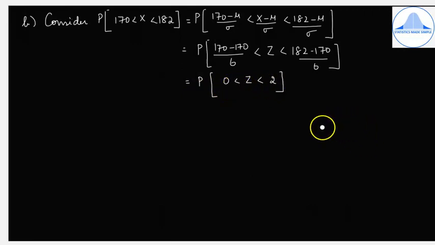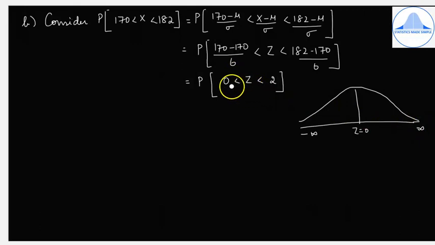So let us draw the standard normal curve. Mark minus infinity, the center line is 0, and the right extreme is infinity. Now 0 is already marked, it's the central line.